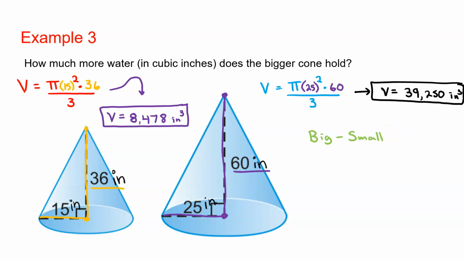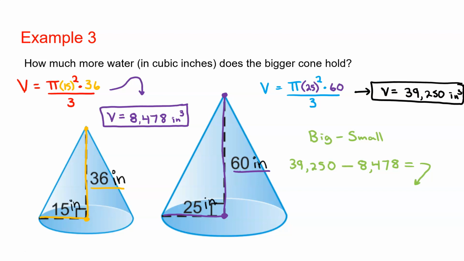So the bigger one here was 39,250 minus the smaller one, which was 8,478. And if we subtract those, that should tell us how much more the bigger one holds. So 39,250 minus the volume of the smaller one, 8,478.